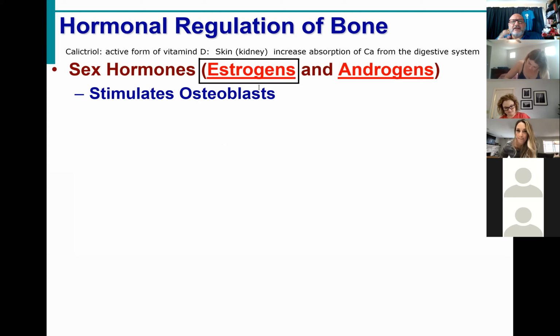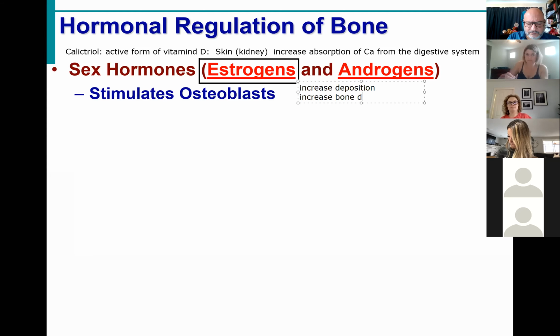All right. Now, if we think about this, then their job is to stimulate the osteoblast. So this would increase deposition. And if we're increasing deposition, there are two other impacts of that. We are increasing bone density. And we are obviously getting that calcium from the blood.